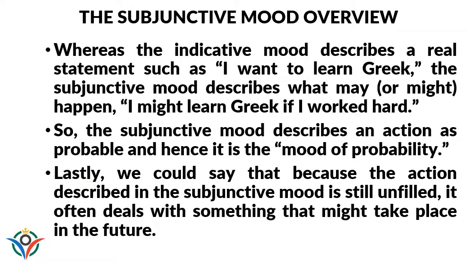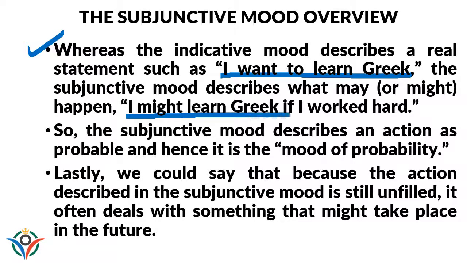Before we zoom in on the details of the subjunctive mood, let's take a step back so that we can give ourselves a big picture overview of what the subjunctive mood is about. And let's begin with this first point. Whereas the indicative mood describes a real statement, such as, I want to learn Greek, the subjunctive mood describes what may or might happen.